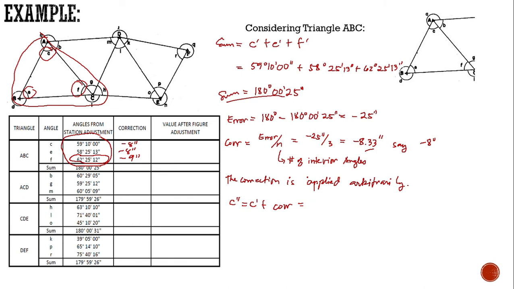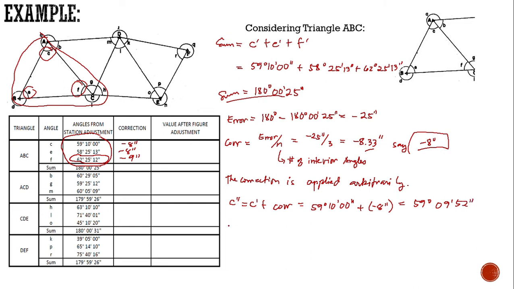Since our C prime is 59 degrees, 10 minutes, plus our correction of negative 8 seconds, our C double prime, or the new corrected value of C prime, is 59 degrees, 9 minutes, and 52 seconds.